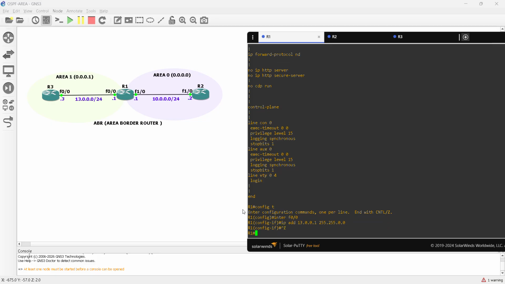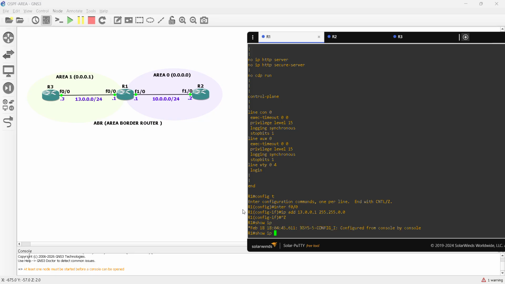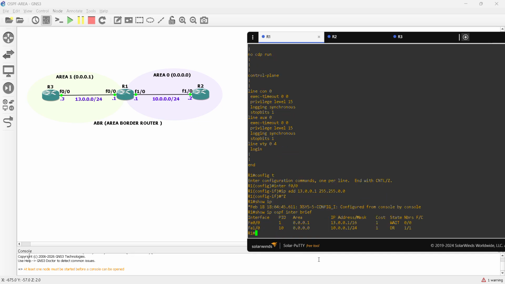Now I'll go and see, show IP OSPF interface brief. Here as you can see there is a difference in the subnet mask, and as you can see in the neighborship, 0 neighbors.